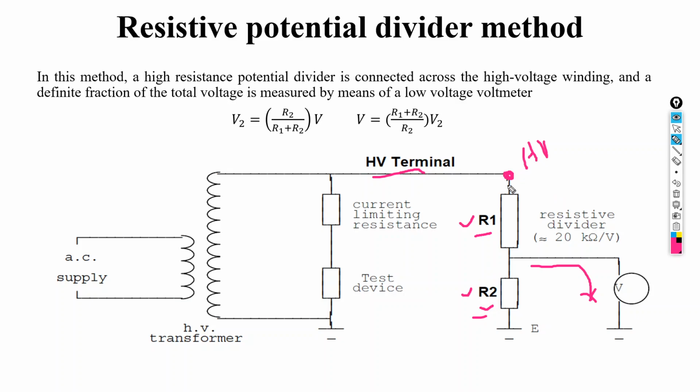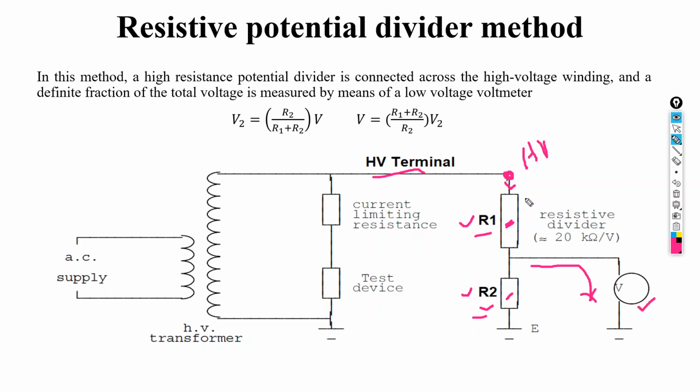So a current flows, and a potential is dropped across R1 and R2. A heavy potential is dropped across R1, and a low potential is dropped across R2, which can be measured with a voltmeter.